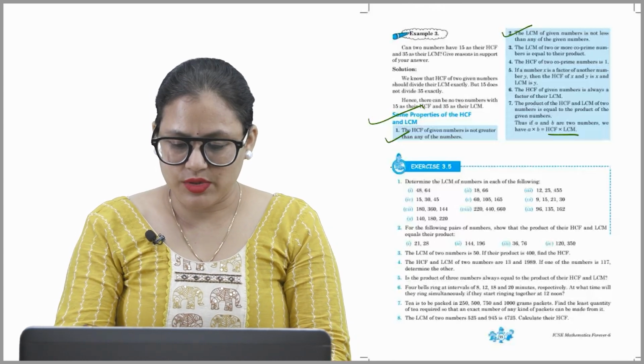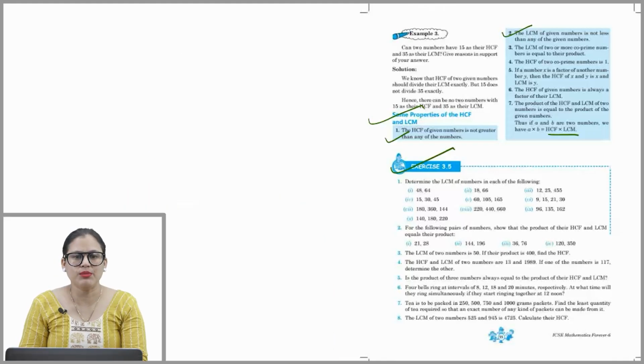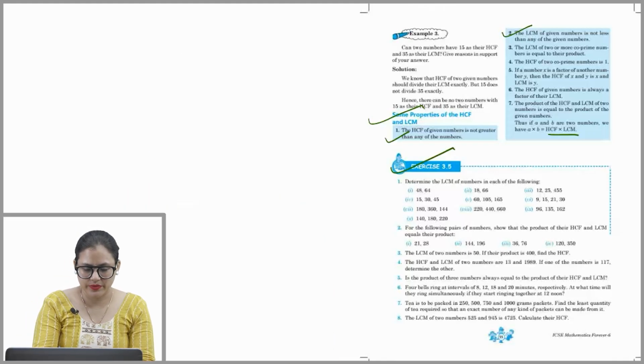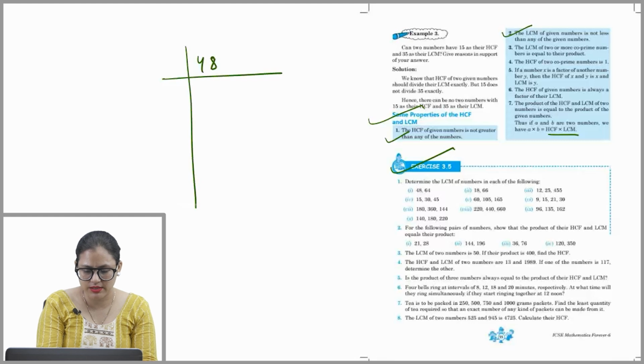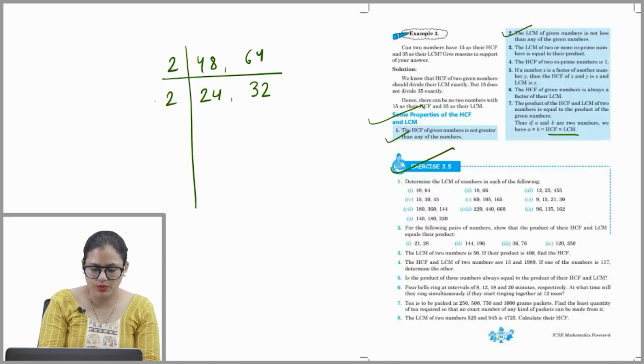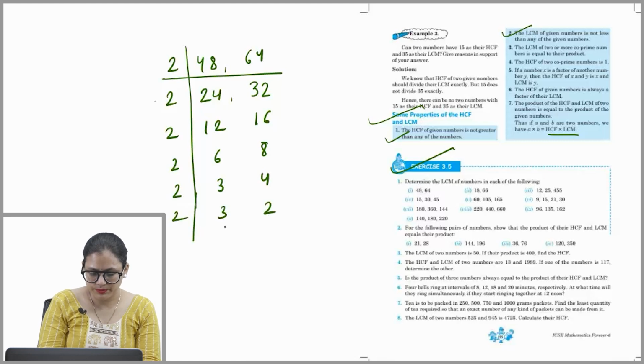Okay. Exercise 3.5. Determine the LCM of numbers in each of the following. Let's find out the LCM of 48 and 64. 2 2s are 4, 2 4s are 8. 2 3s are 6, 2 2s are 4. 2 12 and here you will write 16. 2 6s are 12, 2 8s are 16. 2 3s are 6, 2 4s are 8. 2 2s are 4, 2 1s are 2, now 3. 3 1s are 3.